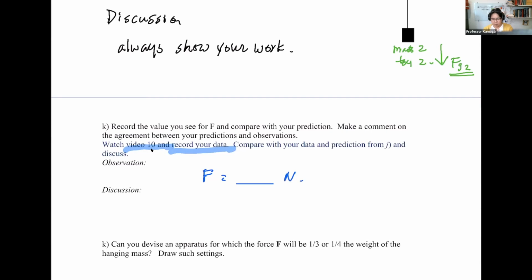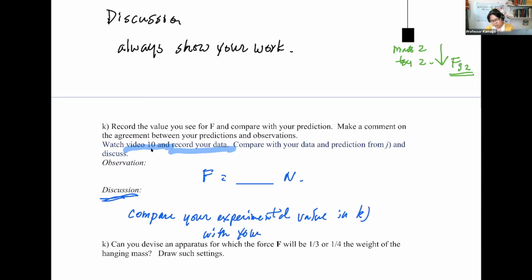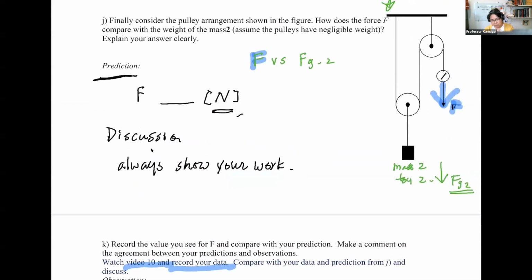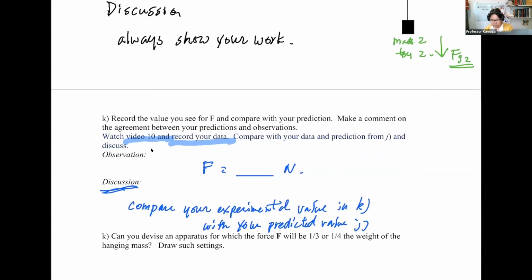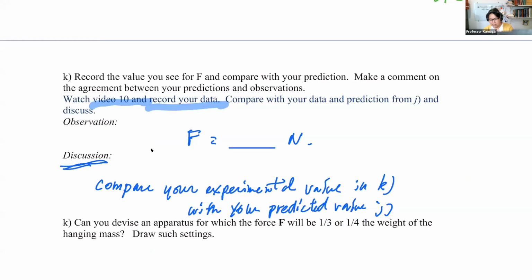And then you're also going to make a discussion, comparing your experimental value to the predicted value in J, and then make a discussion.